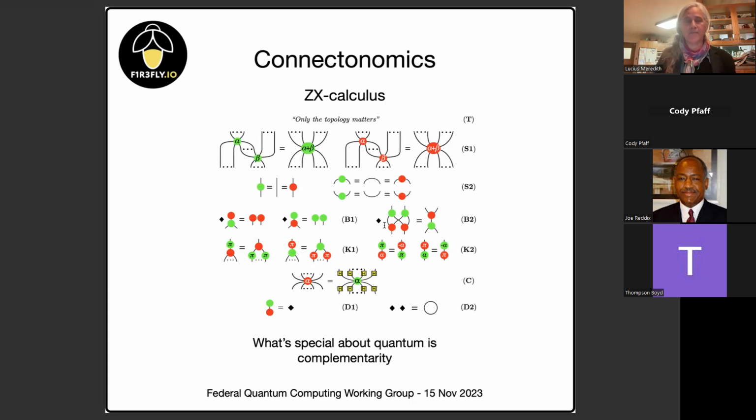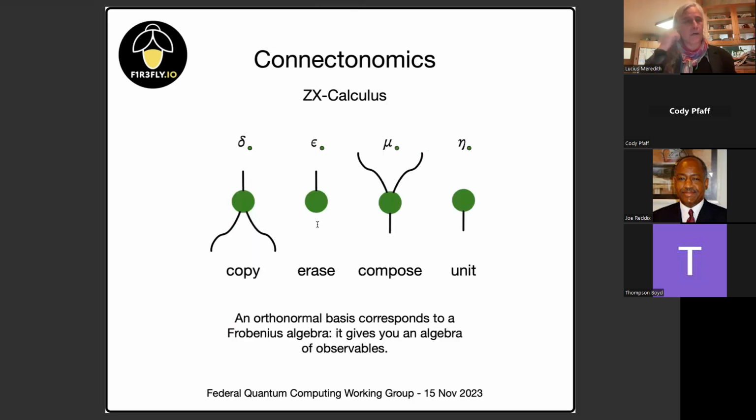And you'll see that's kind of why there's red stuff and green stuff in these diagrams. They represent complementary orthonormal bases. So it turns out that an orthonormal basis allows you to do things that you can't do in just an ordinary arbitrary linear representation.